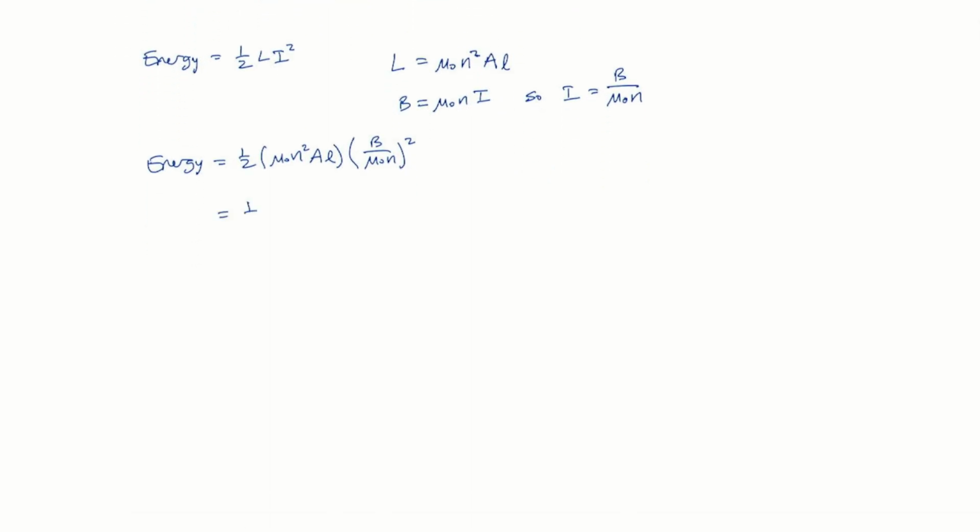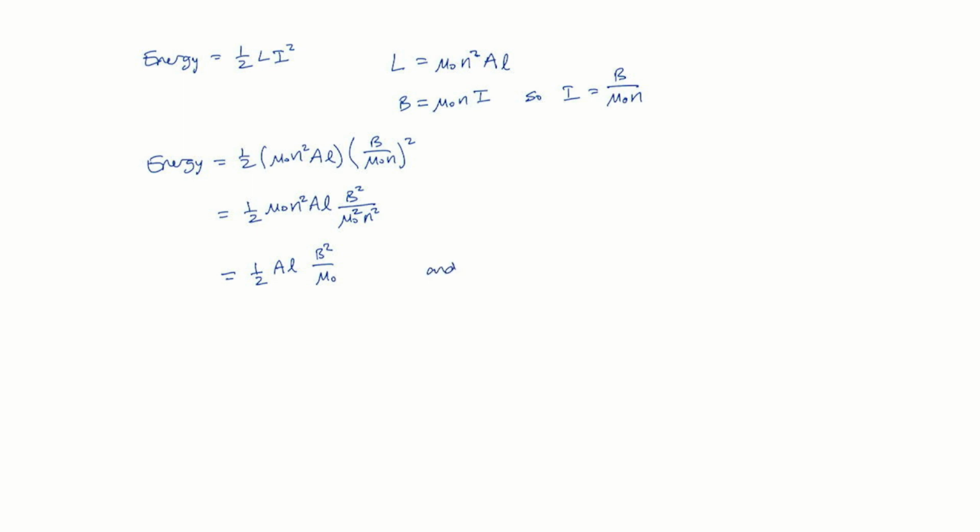Expanding gives us 1/2, we've got mu 0 n squared A l, and then B squared over mu 0 squared n squared. So we can cancel the n squareds and we can cancel one of the mu 0s. And we get 1/2, we're going to have A l B squared over mu 0.